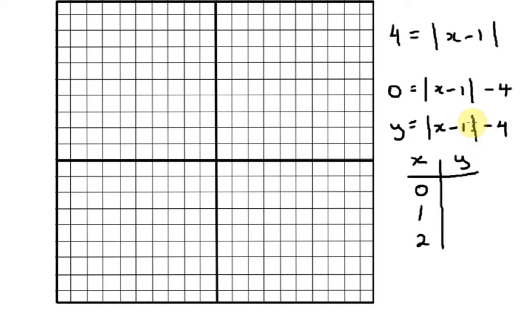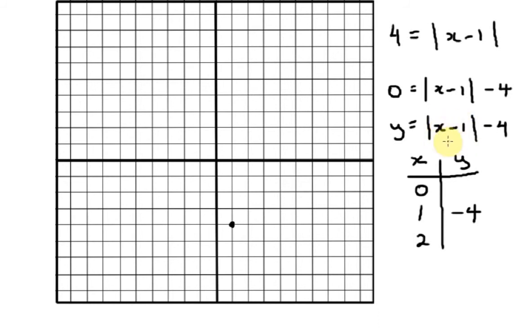If I plug the 1 in, 1 minus 1 is 0. So the absolute value of 0 is 0, and 0 minus 4 is negative 4. So there's my vertex. It's at 1, and then 1, 2, 3, 4. So it's down here. Then I've got to plug in 0. So I go 0 minus 1, I get negative 1.